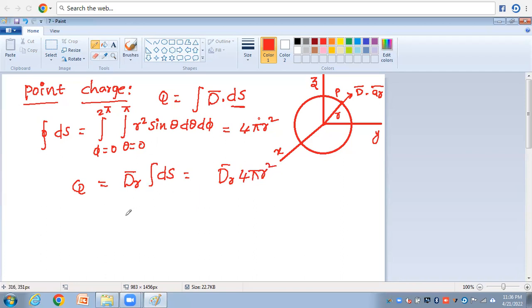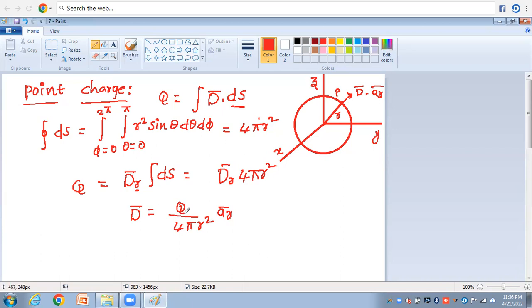So finally, D bar equal to charge over 4 pi r squared, with the direction a r bar. This is the first derivation, for the point charge.